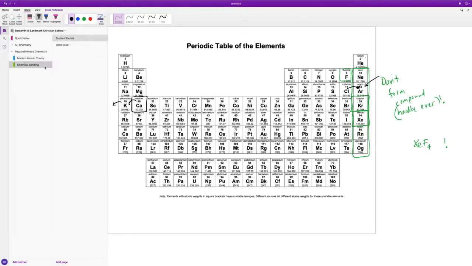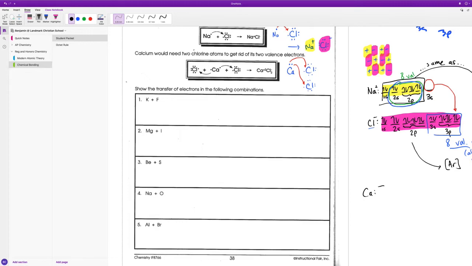Or another way to think about it is some of the core electrons were just like argon. Remember that noble gas electron configuration? Then we got 4s2. Those are the valence electrons that calcium is going to lose in the 4s sublevel.